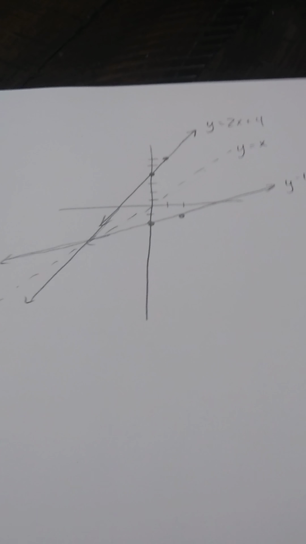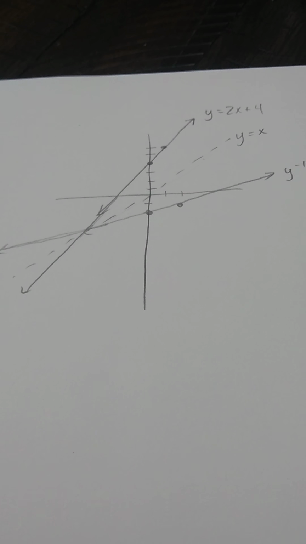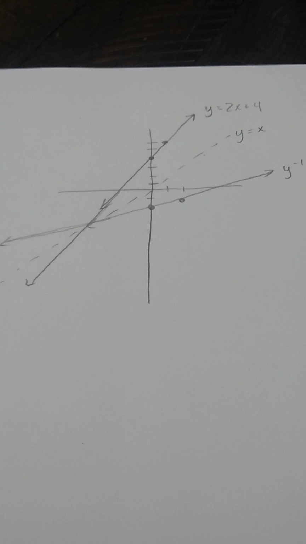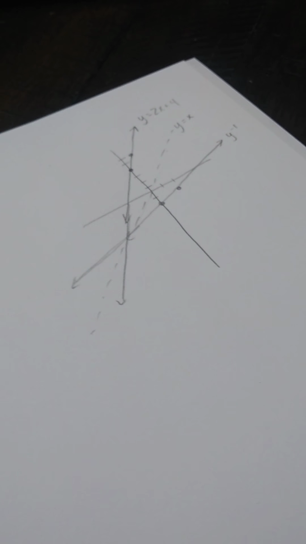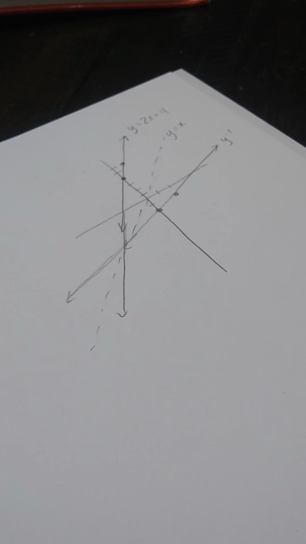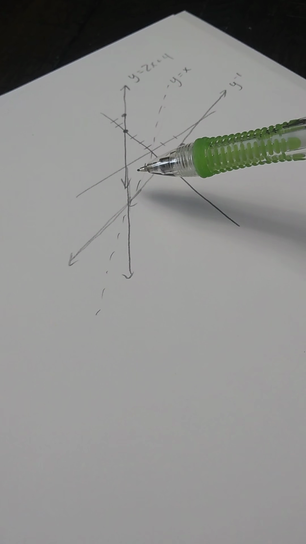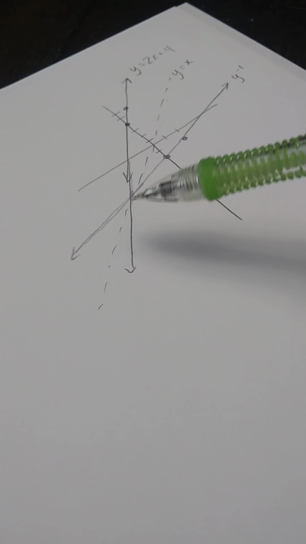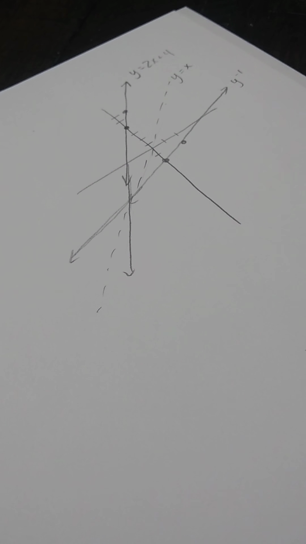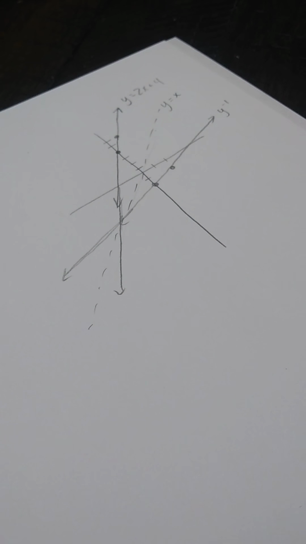Does that make sense? Now, you're not going to have to graph any of these, but if you ever are on a test or something and you have to choose which graph indicates inverse, then you'll know that it should be symmetrical about that perfect diagonal line right there, y equals x.